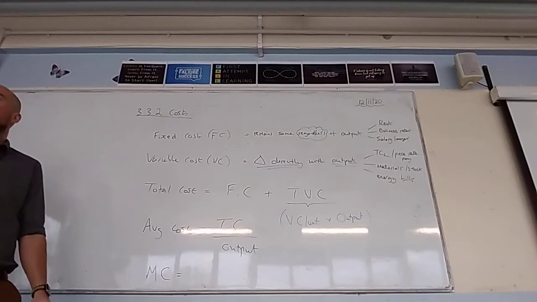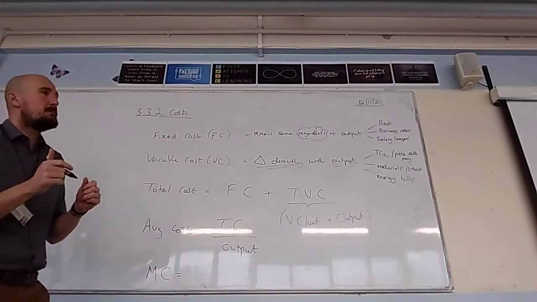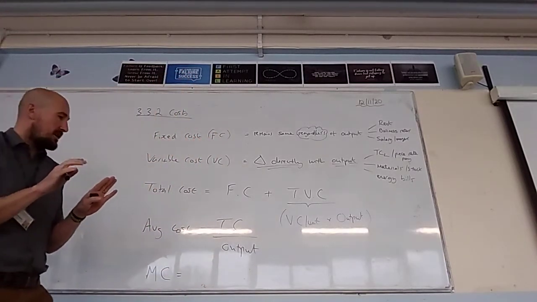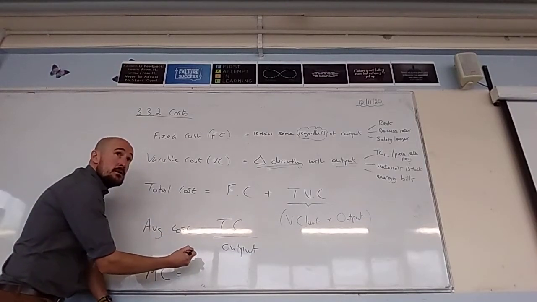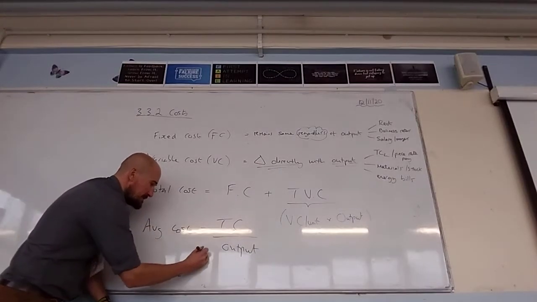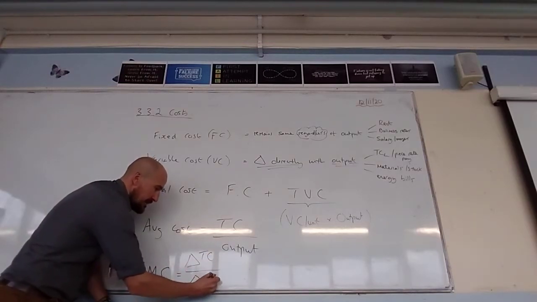What does it mean when we say it in words? Each additional unit, 1 unit. Because obviously a business, if you're a mass manufacturer, is not going to make 1 unit at a time. So what will go at the top? Change in total cost, divided by change in quantity or output.